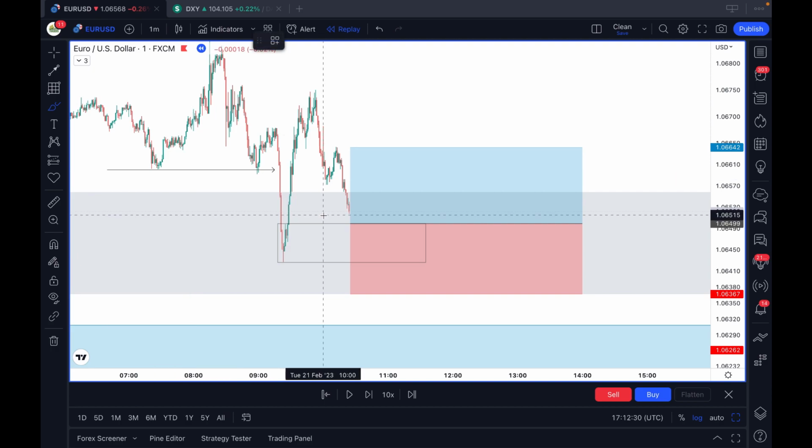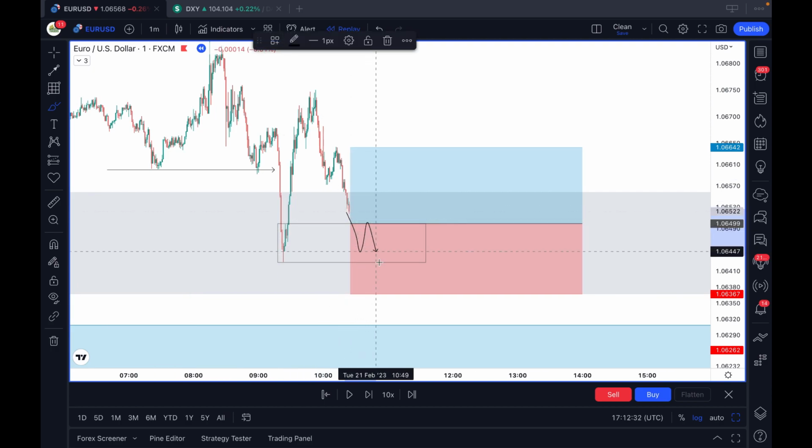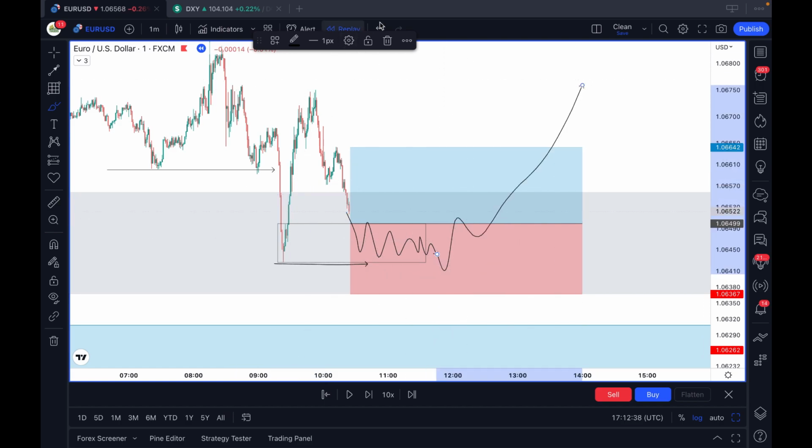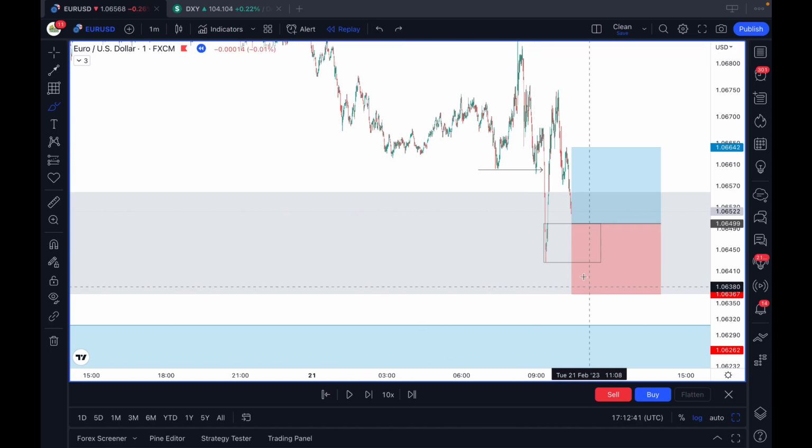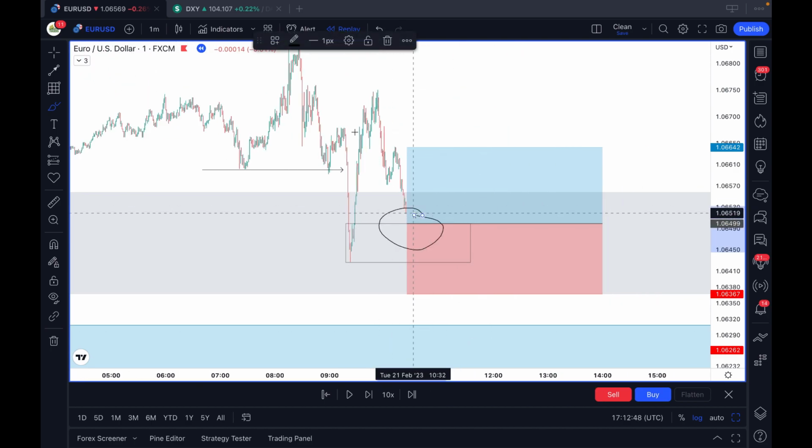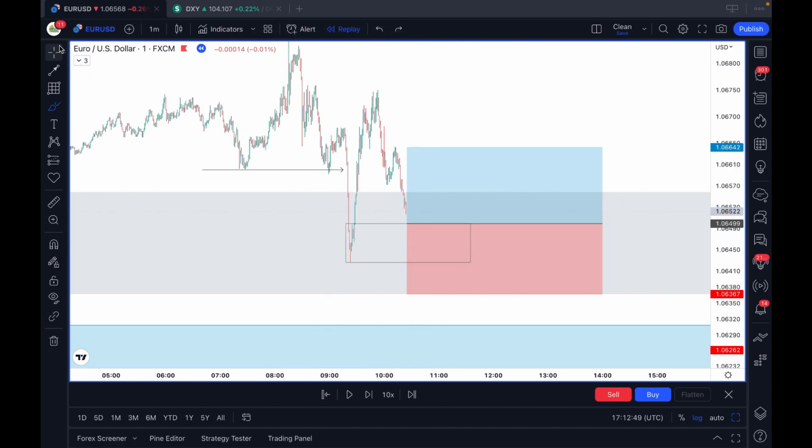What price will often do is come down, fill the order, and then stagnate, take out maybe the wick low before it makes this reversal. That's why I always recommend leaving some leeway if there is a low, as that is still a form of liquidity. Okay, so that was my buy limit order.